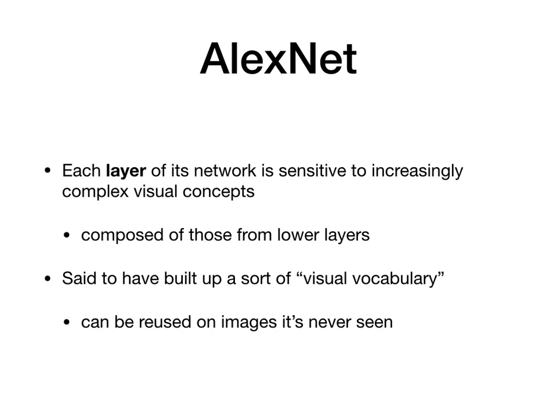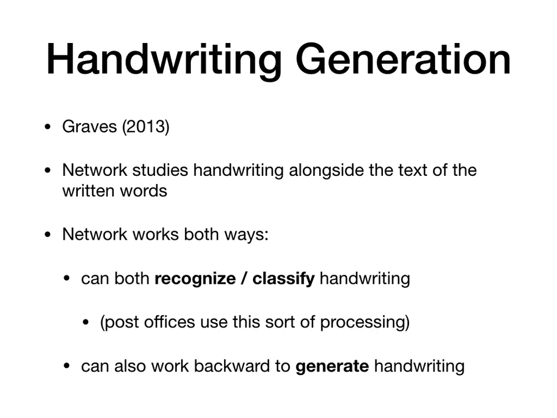AlexNet is a system that can categorize natural images. Let's move to a different kind of subdomain here. We can also talk about handwriting. So, handwriting generation. Graves, 2013 paper on this project.